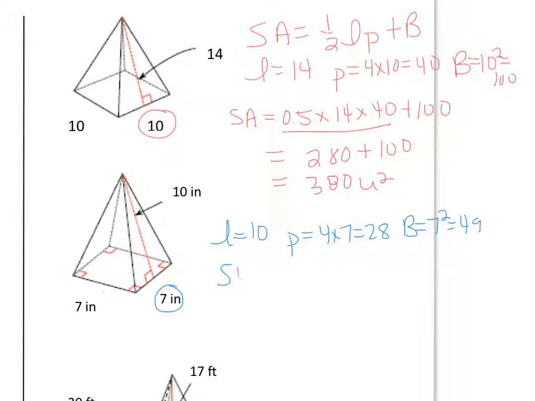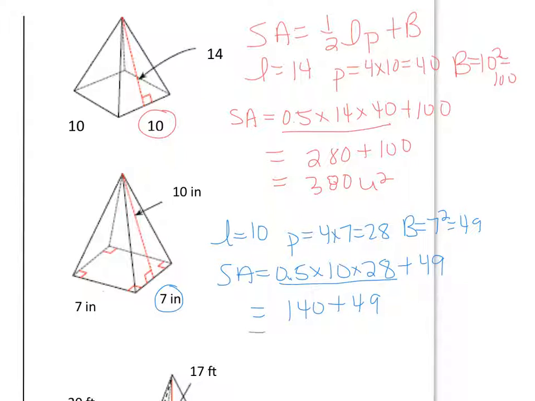And then you'll plug in 0.5 or 1/2 times the slant height 10 times the perimeter 28 plus the area of the base shape, which is a square. Multiply, and you should get 140. And then 140 plus 49 should give you a total of 189 square inches for the surface area for 2.